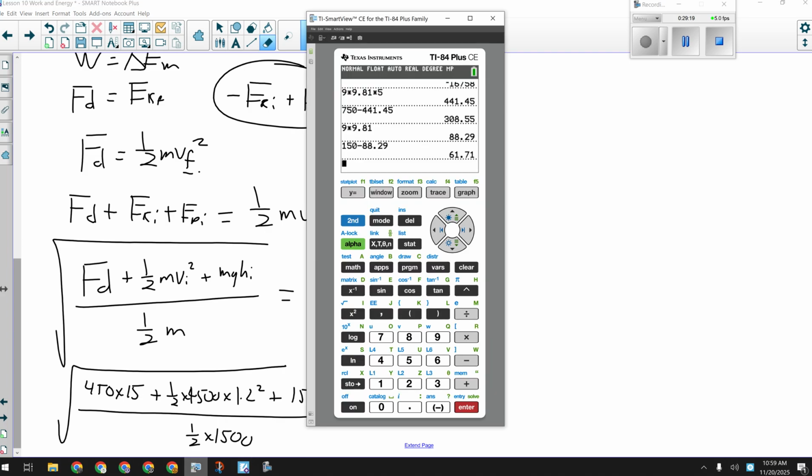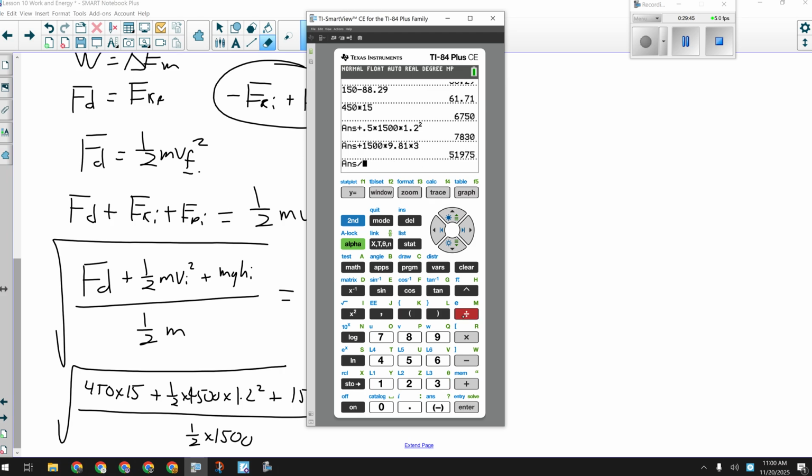So 450 times 15 meters. There's the work done by that force. Plus 1/2 times 1,500 times 1.2 squared, plus 1,500 times 9.81 times 3.